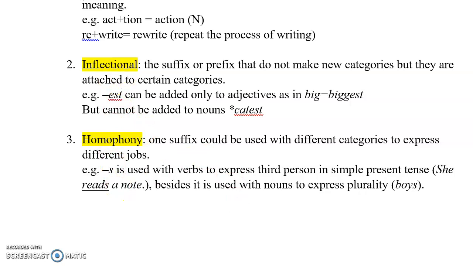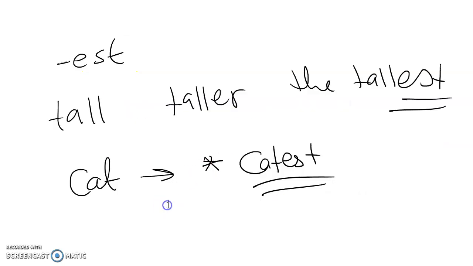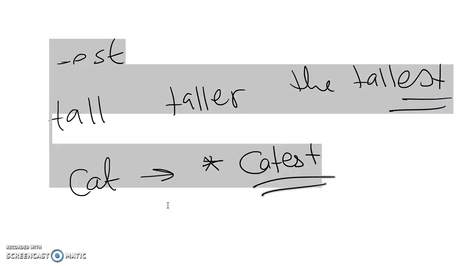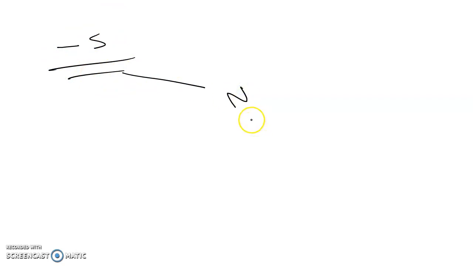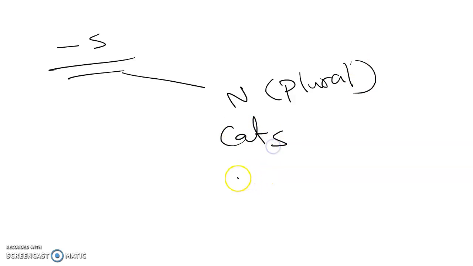So, for example, I'll show you some examples here. For instance, we have this -s suffix. This suffix could be added to nouns to get the plural meaning. So we have, for example, cat, cats, and boy, boys.